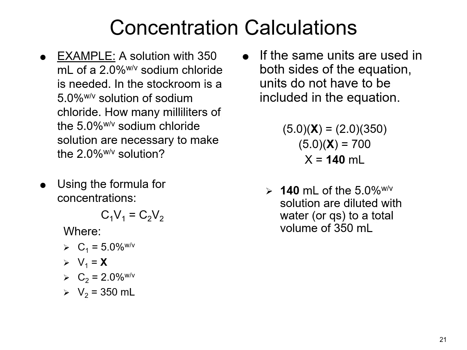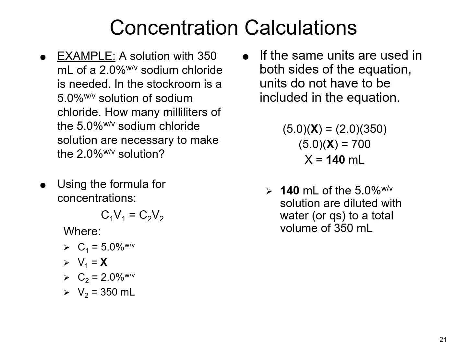First we use the formula for concentrations, and we substitute in those values that we know in order to set our equation up. We know the concentration and volume for our outcome, solution 2. We also know the concentration of the solution that we have on hand. We just don't know exactly how much we need to use.